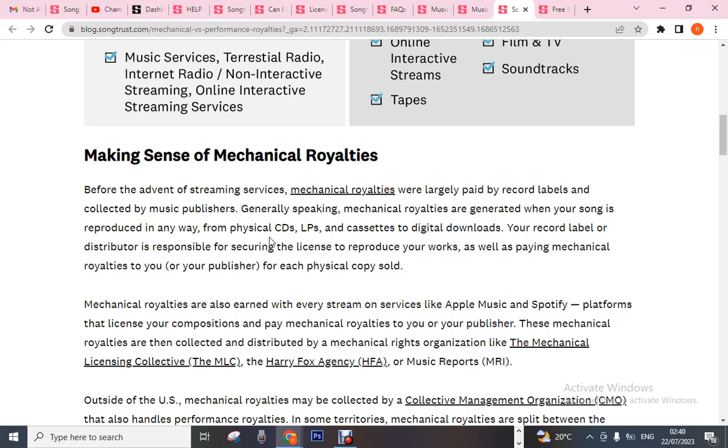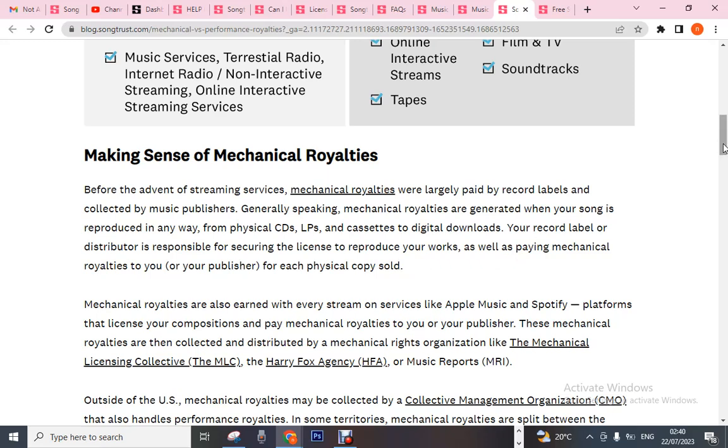Your record label or distributor is responsible for securing the licenses to reproduce your works. That is, if I'm using CD Baby or DistroKid, because those are the digital distributors that we see these days, as well as paying mechanical royalties to you or your publisher for each physical copy sold.